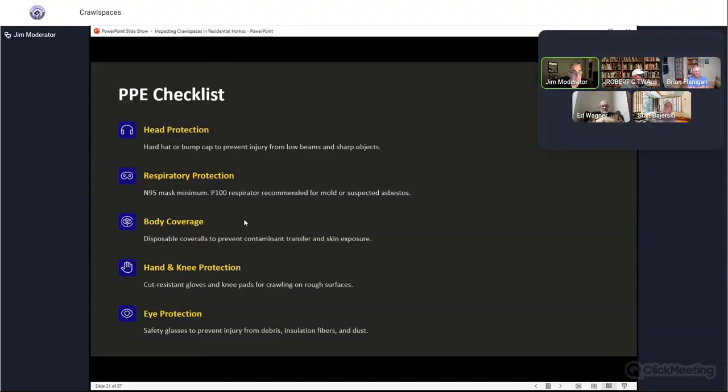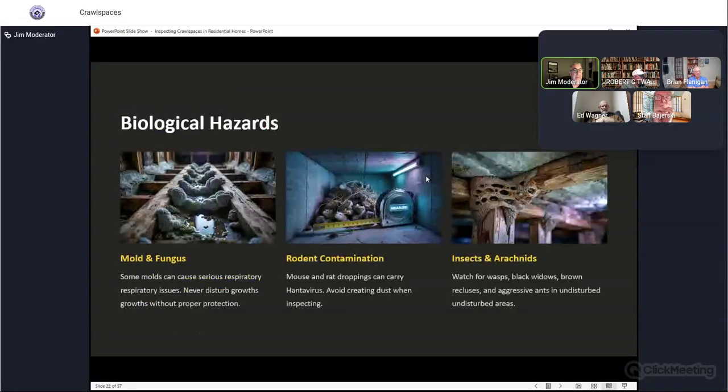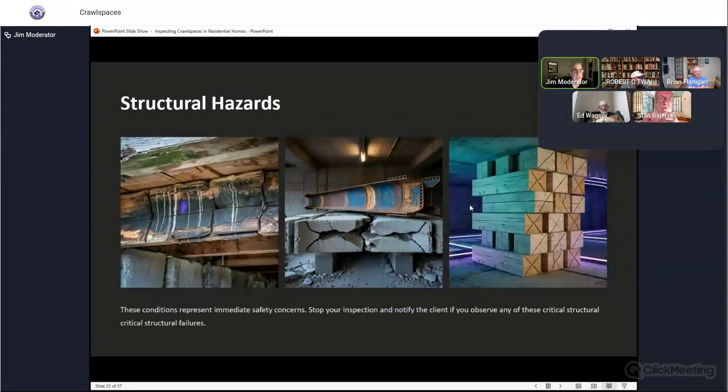Knee and hand protection: heat resistant gloves, knee pads. I wear glasses, so that's not an issue, but safety glasses prevent injury from debris, insulation fibers, and dust. Common stuff. Again, biological hazards: mold and fungus, rodent contamination, and insects. We're looking for all this down there.